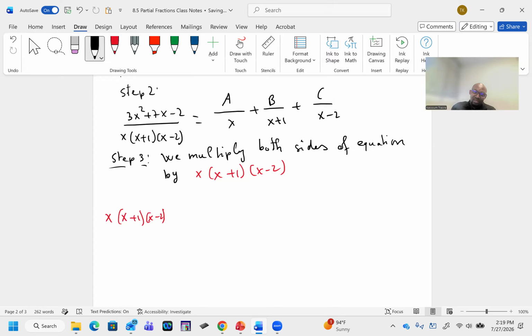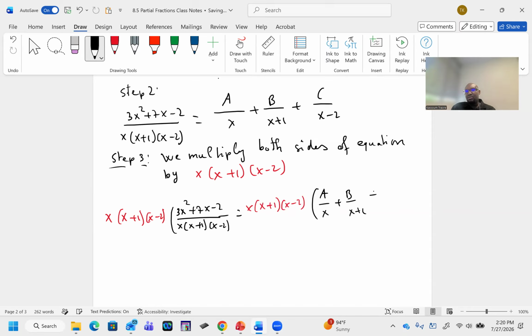So times what? Times 3x squared plus 7x minus 2 divided by x times x plus 1 times x minus 2 should be equal to, multiply the right side also by x times x plus 1 times x minus 2, times a divided by x plus b divided by x plus 1 plus c divided by x minus 2.